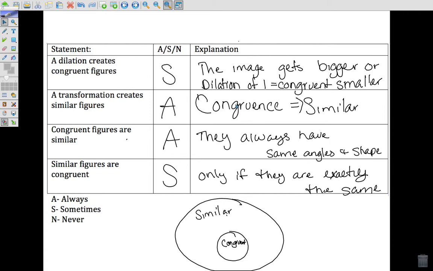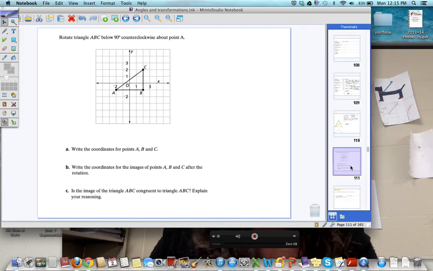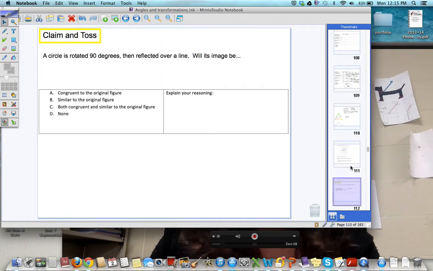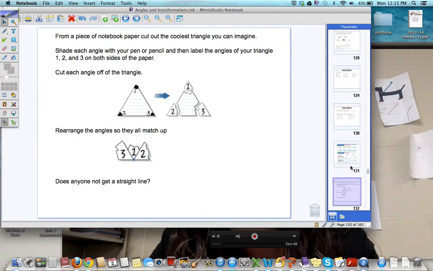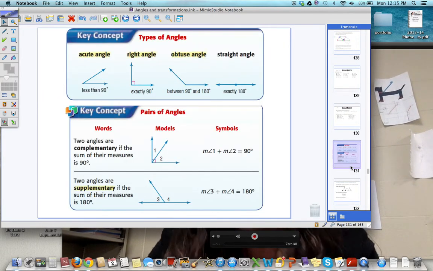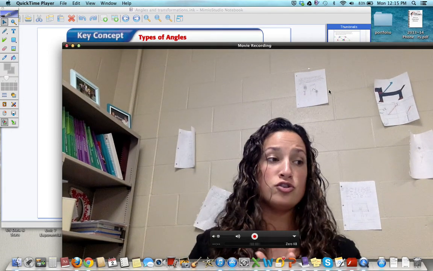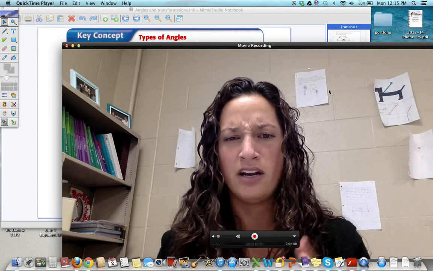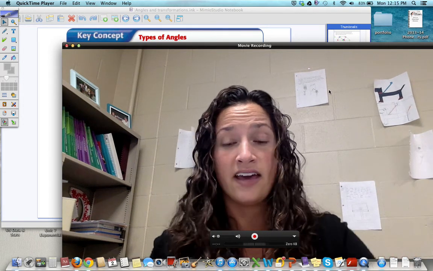All right, so what you're going to be doing now is there's 2 worksheets. It's either 2 worksheets or one that's front and back. You are doing that.